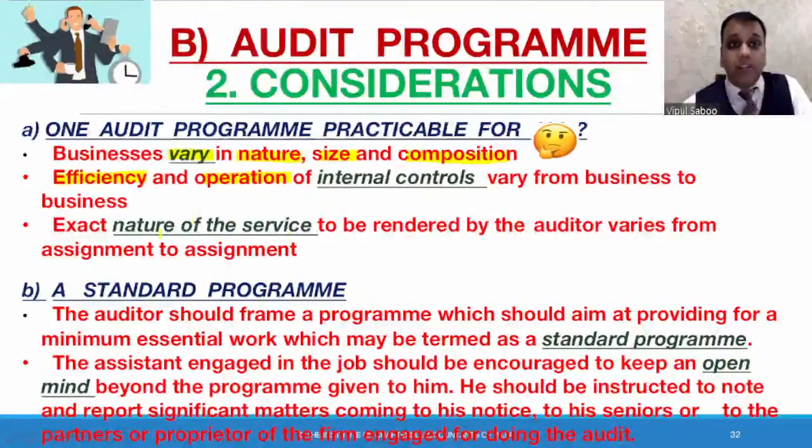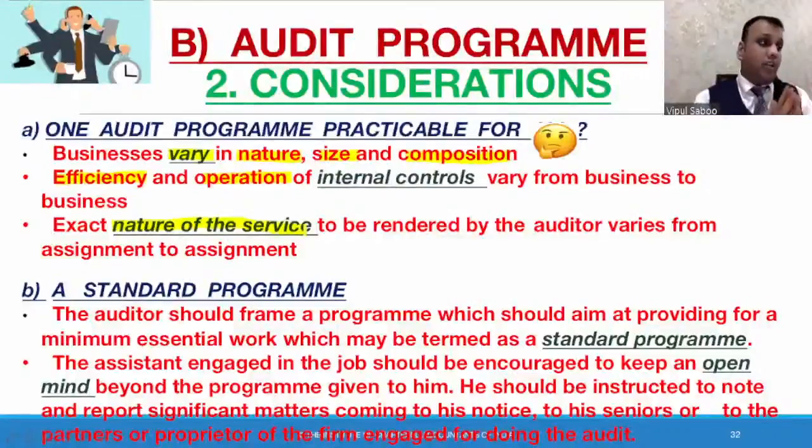The third reason is that the exact nature of service to be rendered by the auditor varies from assignment to assignment. It's completely fine. If we have a short assignment, then our service will be limited to only that particular part. If the hotel has asked us to please audit the receipts and the expenses of the restaurant only, we'll not be concerned with the banquet hall bookings, the room bookings, the inventory consumed in the rooms.